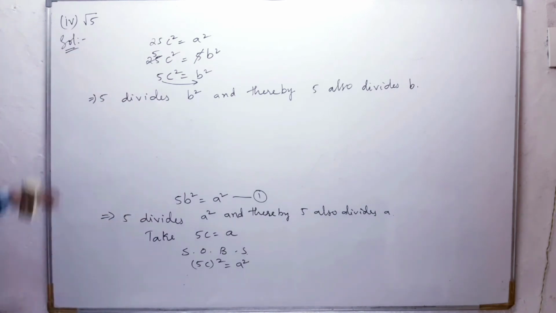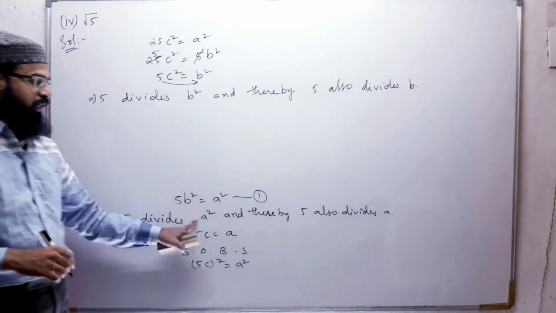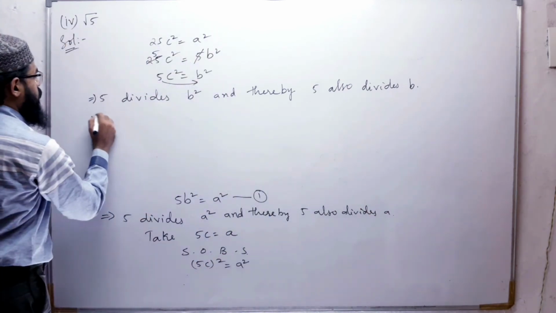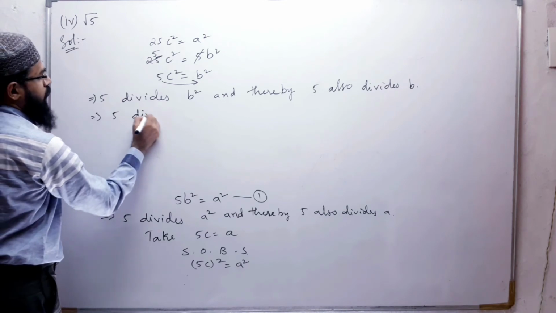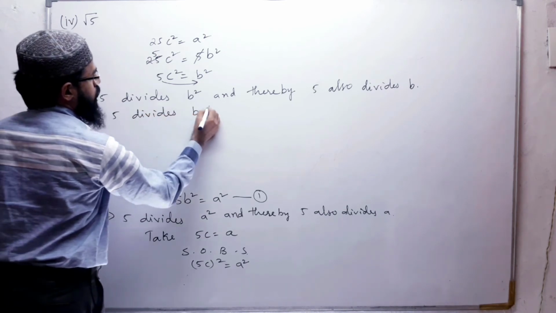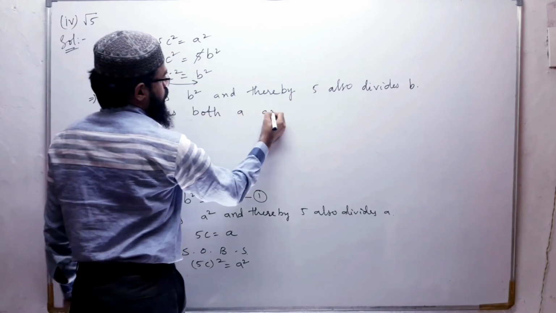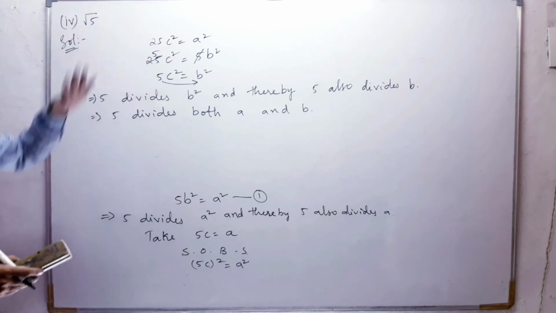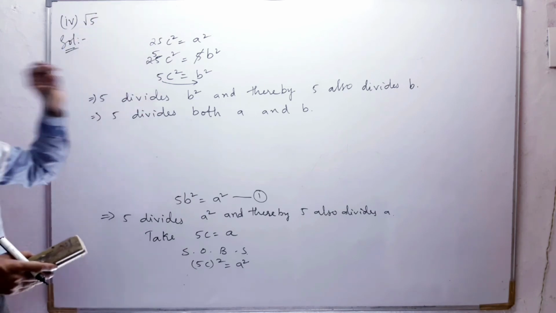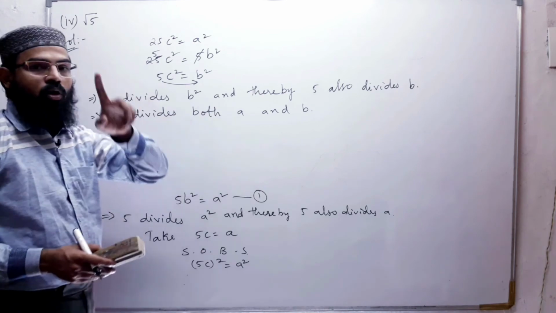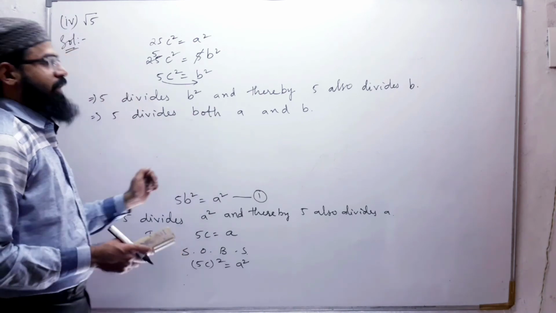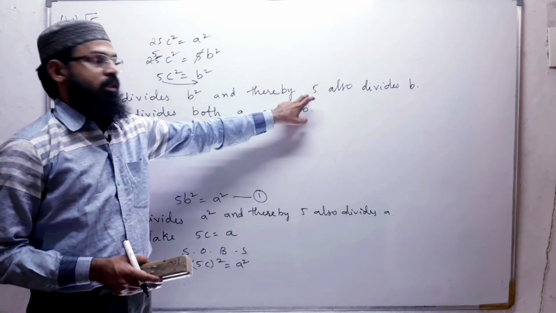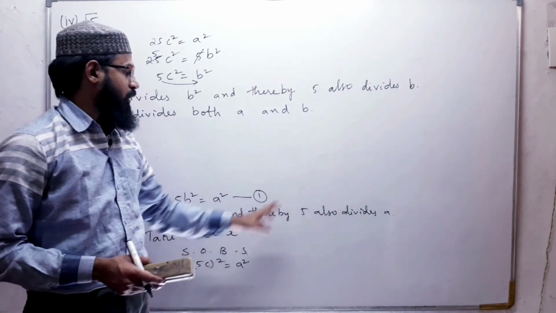Next, we have written that 5 is dividing a square, which means 5 is also dividing a. So 5 divides both a and b. In our assumption we took that a and b have only 1 as a common factor, but when we checked, we got another number, 5, that is common to both b and a.